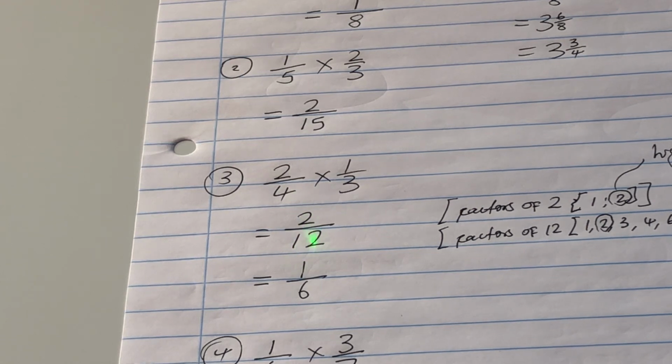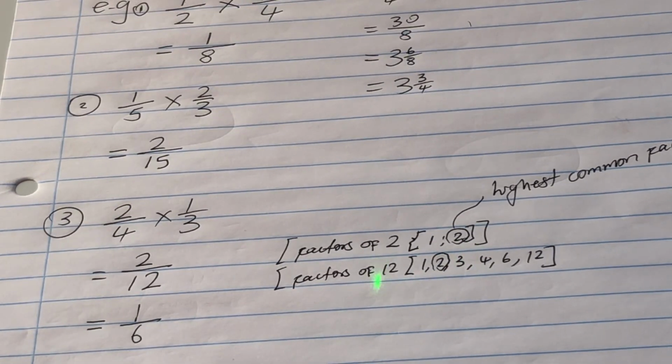by finding the highest common factor between 2 and 12, and you use that highest common factor to divide the numerator and the denominator. If you check here, I've done it on this part where I listed all the factors of 2.